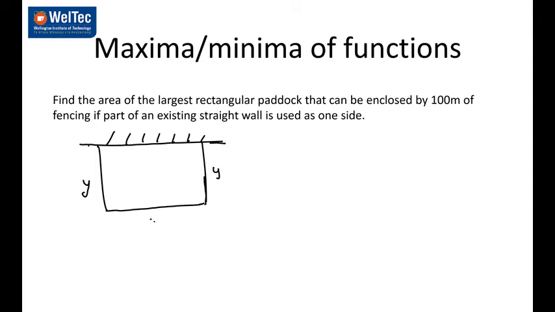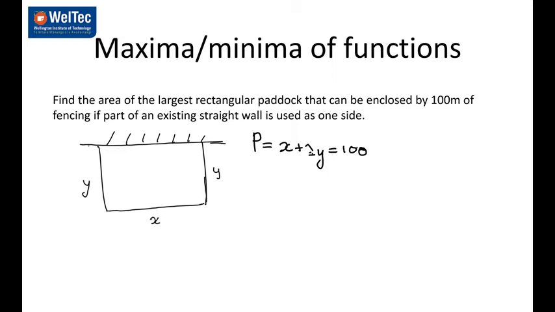So if we use that as y, once we've drawn the diagram, then we can work out a statement for P. So x plus 2y is going to be equal to 100.